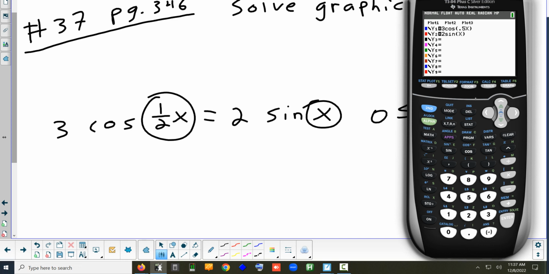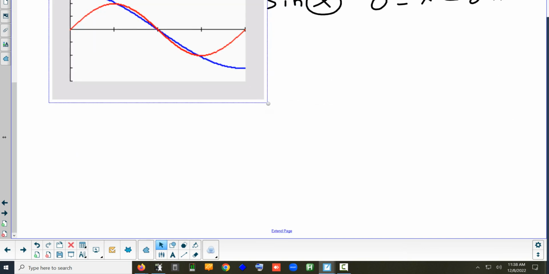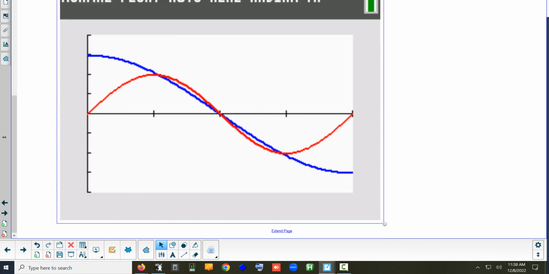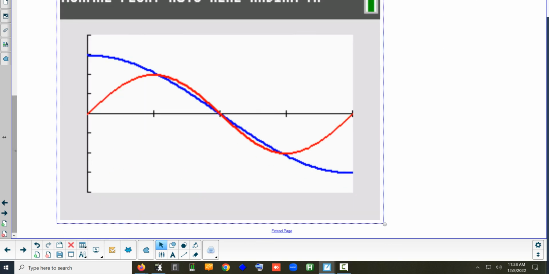Out of both of these graphs, what's the highest we ever need to go? 3. And the lowest? So as long as we go -3 to 3, we're okay. Okay, so there's the left and the right. Okay, so let's look at that carefully. How many answers do we get? 3. We get 3.